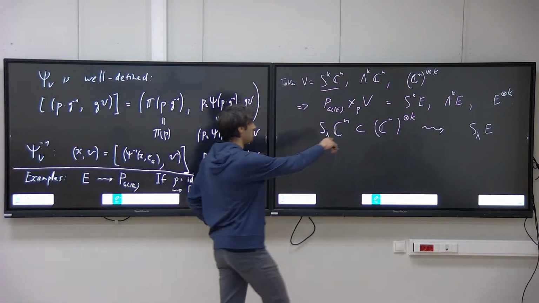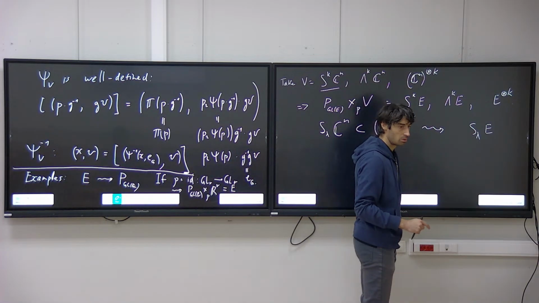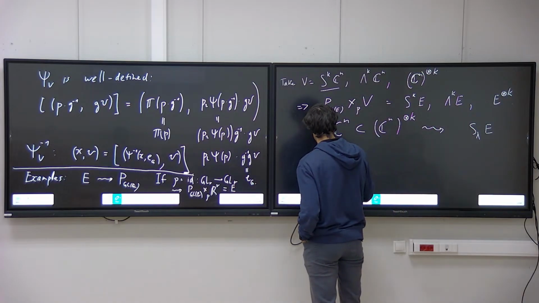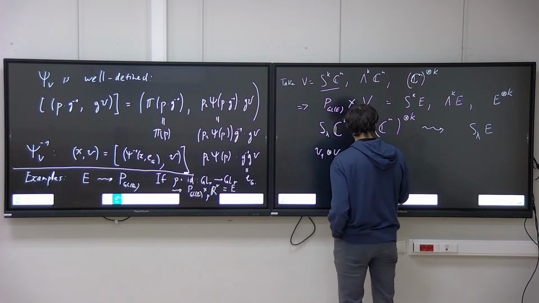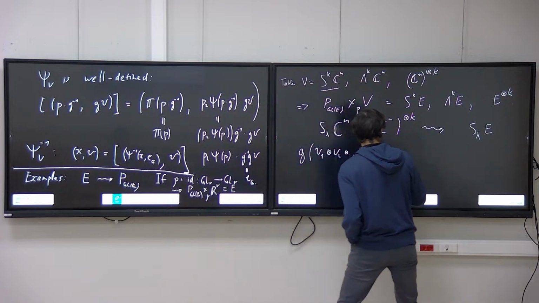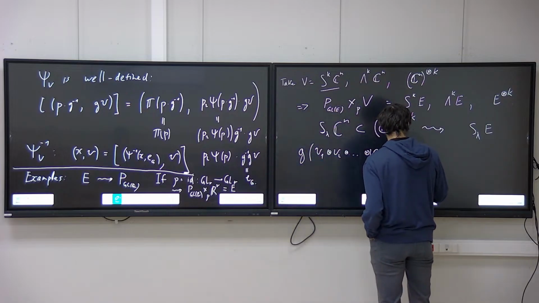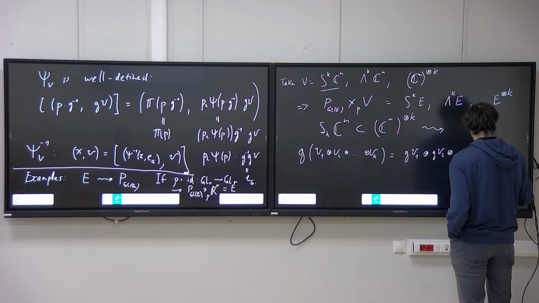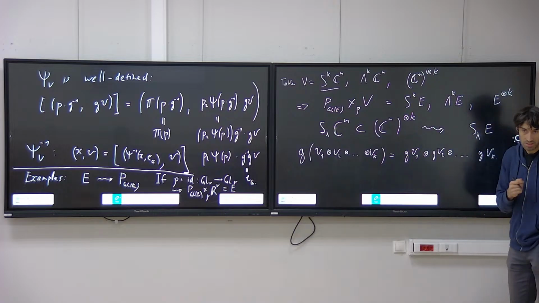Она действует очень просто. Я беру какие-нибудь V1, V2 и так далее, Vk. G на него действует на каждый. Можно проверить, что это действие.